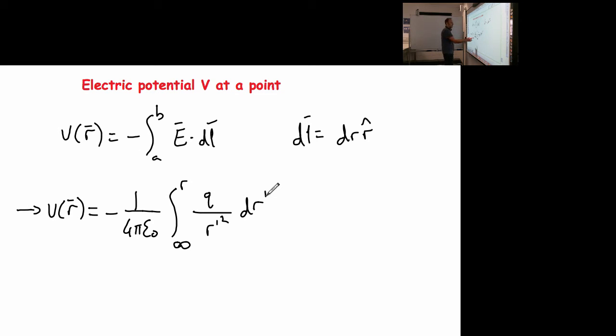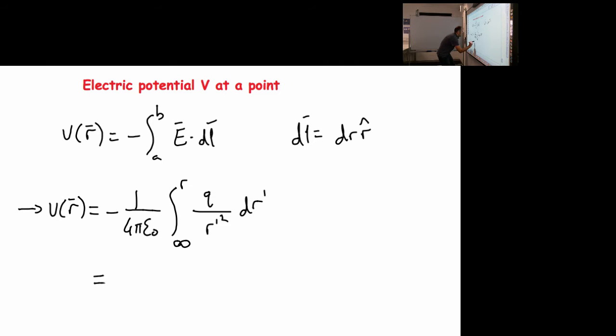Now whenever you carry out this integral, we get rid of the negative sign, because integrating 1 over r squared would give us minus 1 over r. So what we find is our potential is going to be equal to 1 over 4 pi epsilon naught times q over r prime, and that's between infinity and r.